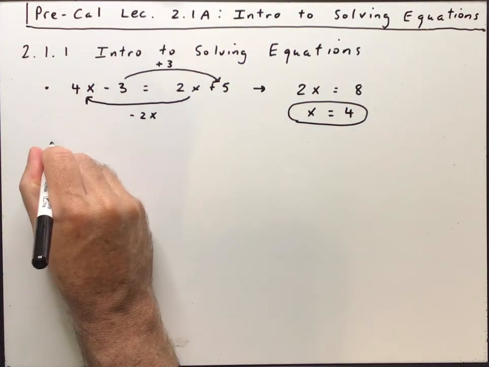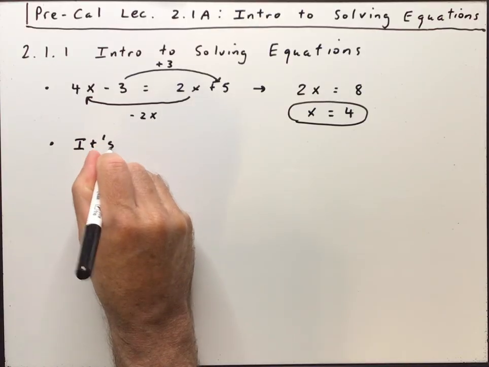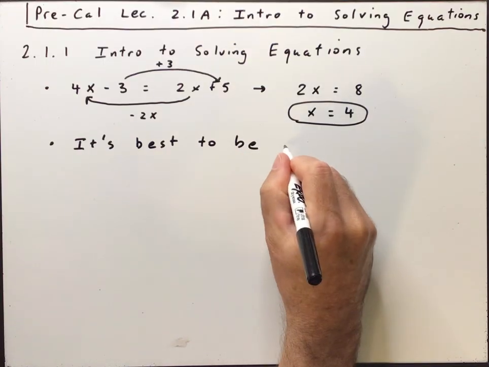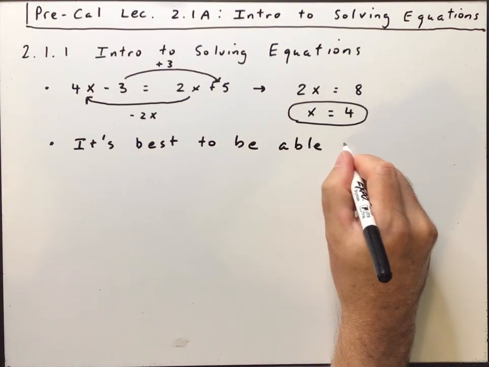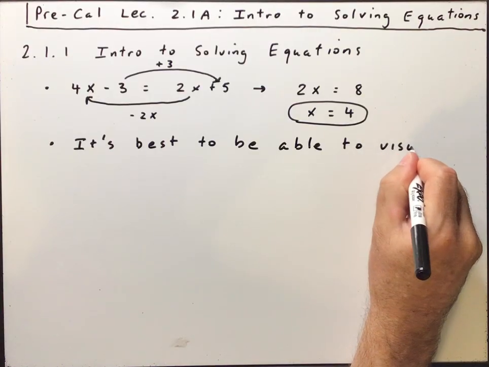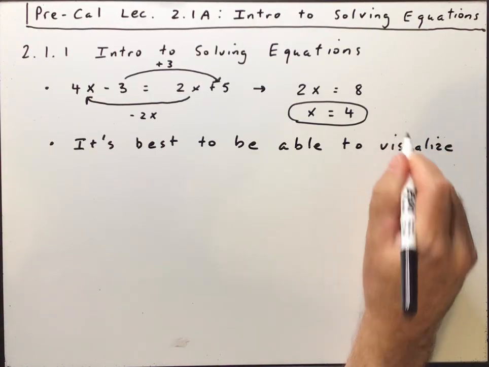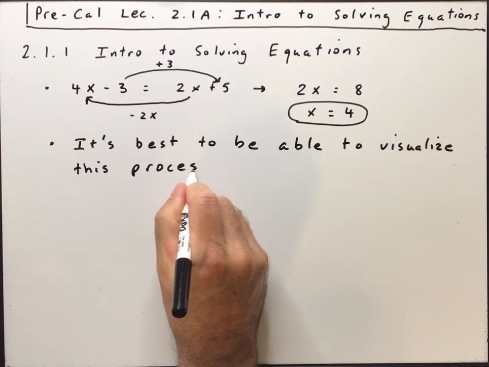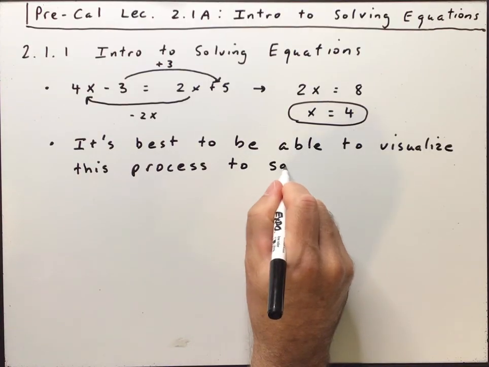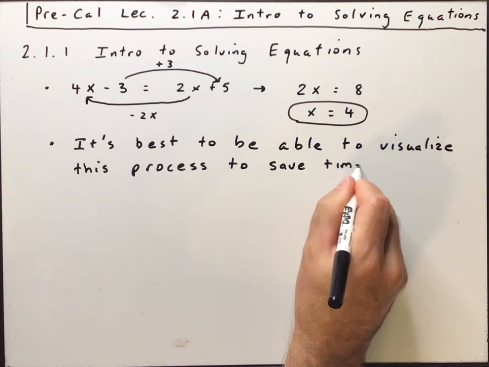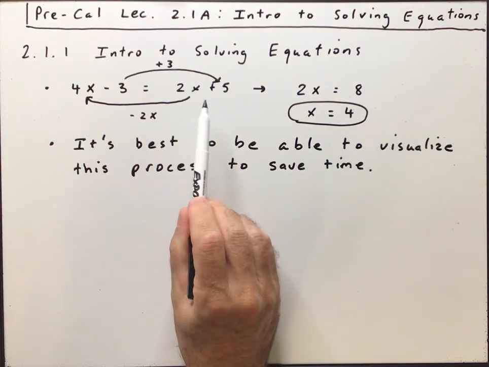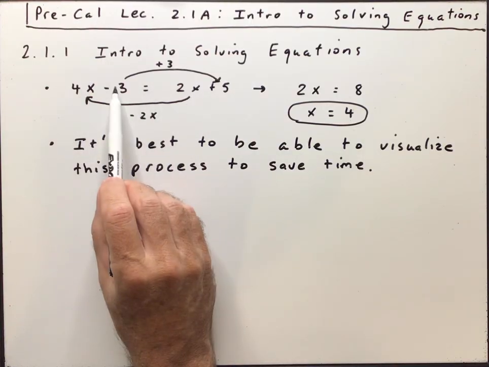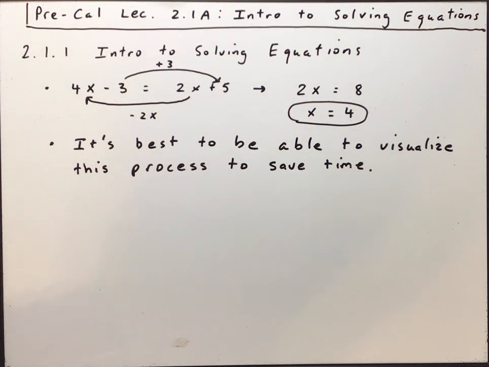So it's best to be able to visualize this process to save time. When I say visualize, I just mean moving things from the right side of the equal sign to the left side, or from the left side to the right side.